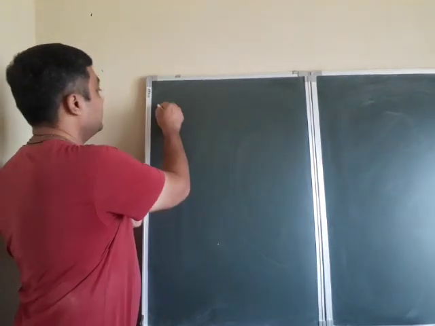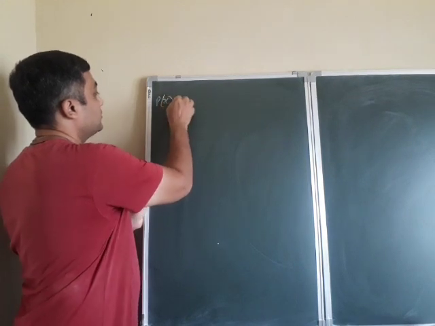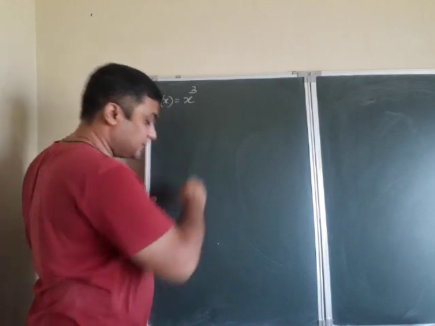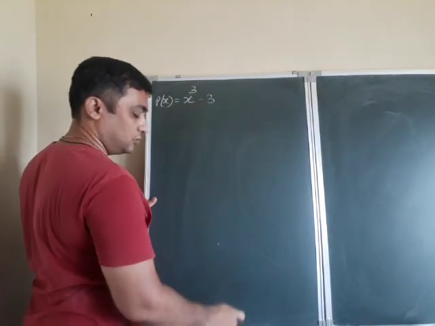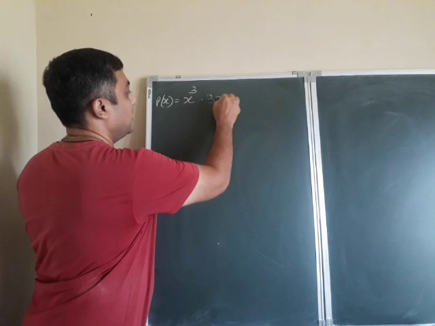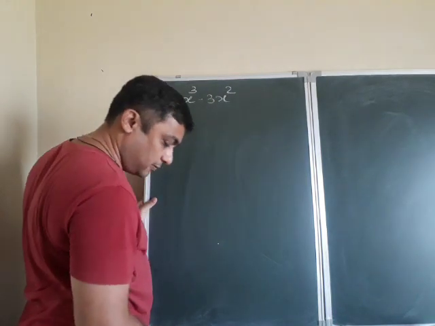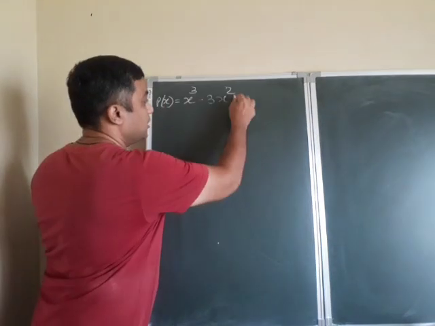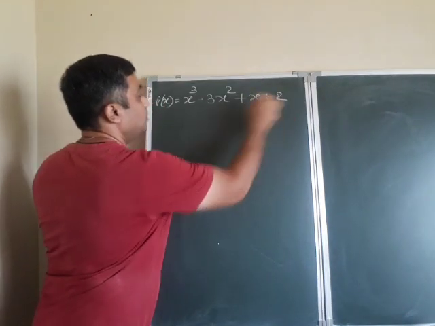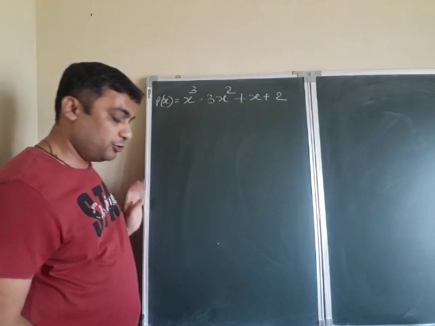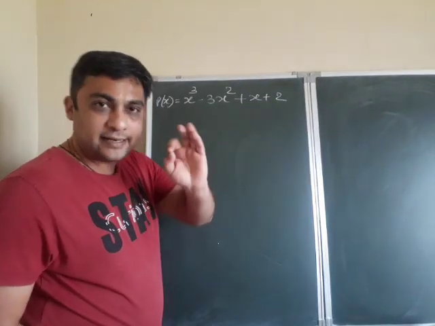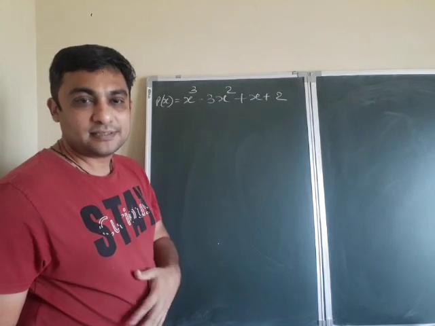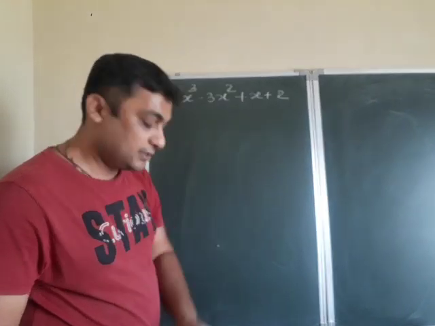One polynomial is given, p of x is equal to x cube minus 3x square plus x plus 2. See, this polynomial is given as p of x. All of you read the data. See, data reading is compulsory. If you read the data, then you will get the idea how the example is given. So I request all my students, please read the data.